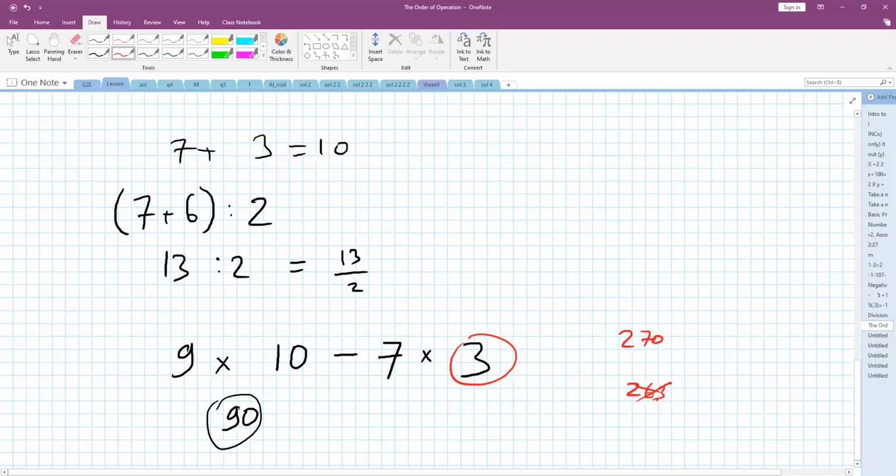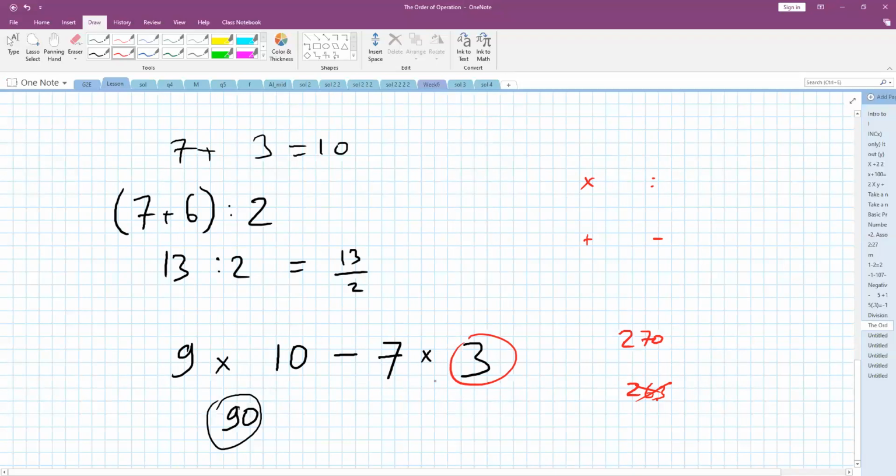Negative 7. So even though you know that multiplication and division is stronger, it's higher level than addition or subtraction, you have to look at the order in which they are arranged.